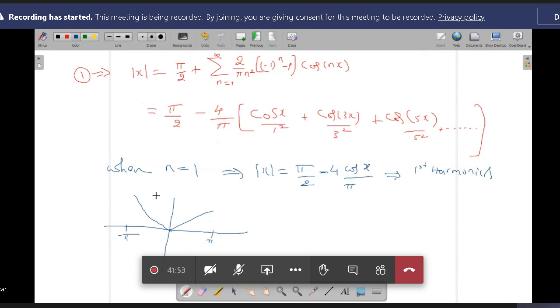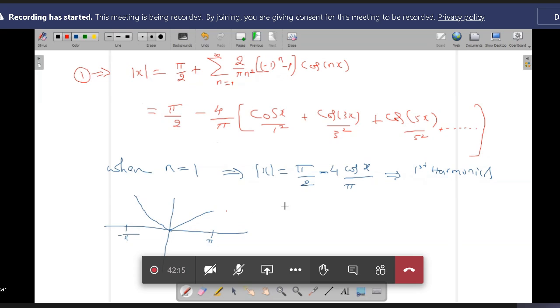As we go on plotting that with the original function mod x, finally for a finite number of n's, the Fourier series approximates mod x.